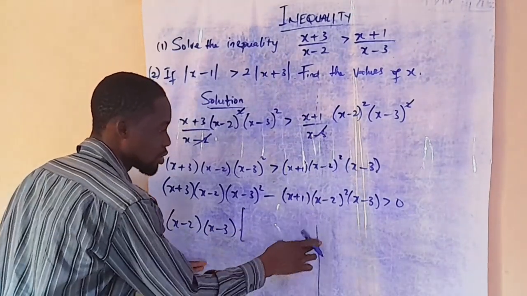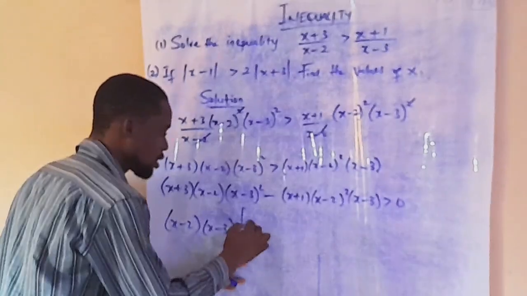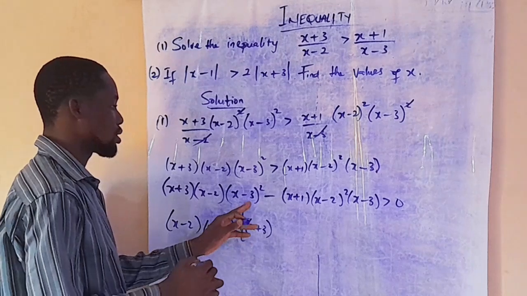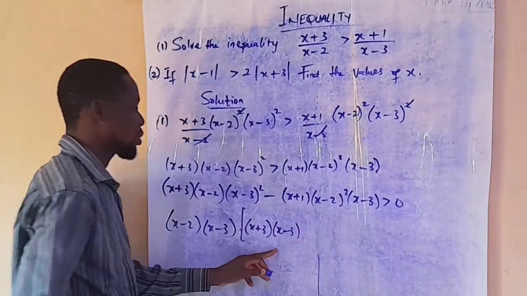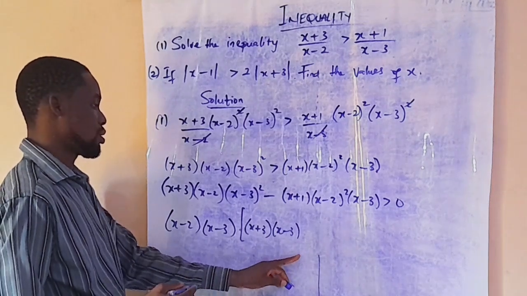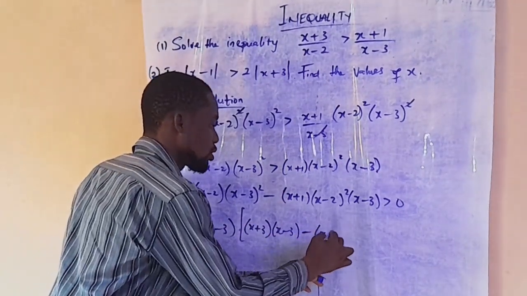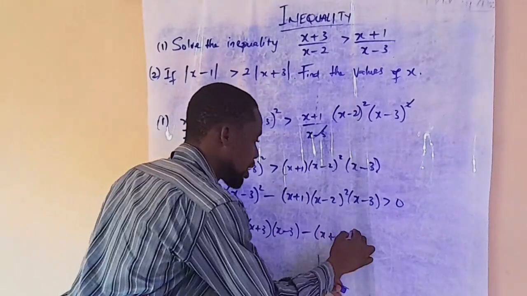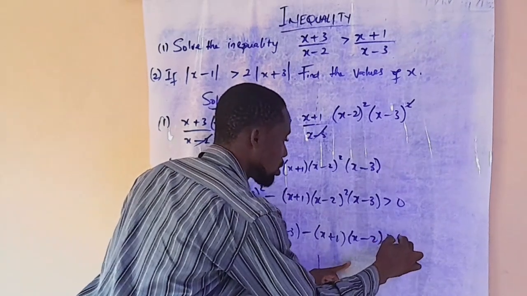What remains here is x plus 3 for the left hand side for the first one, x plus 3 and x minus 3. Then for the second side I have minus (x + 1) that remains and x minus 2, greater than 0.